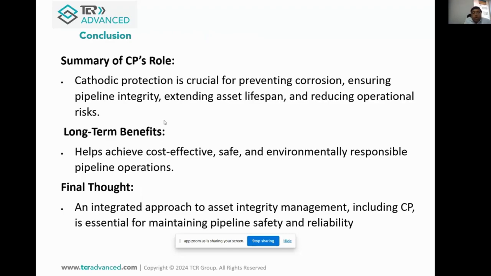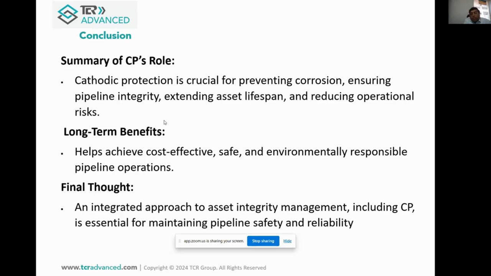Now, conclusion: cathodic protection is crucial for preventing corrosion while ensuring pipeline integrity, extending asset lifespan, and reducing operational risk. The long-term benefits are cost-effective, safe, and environmentally responsible pipeline operations.